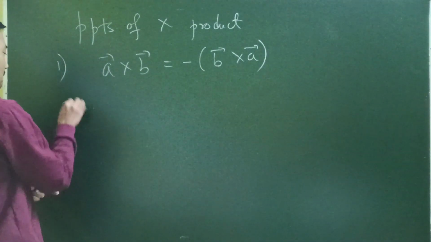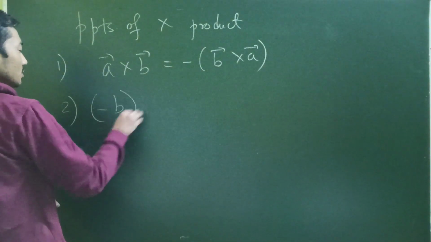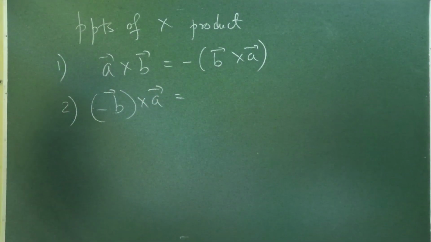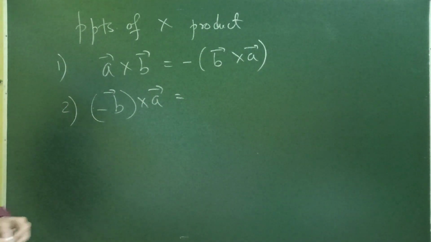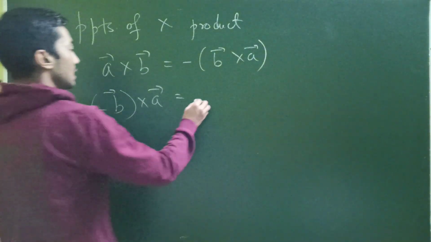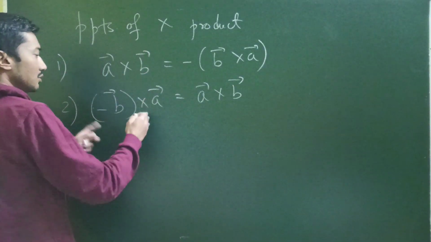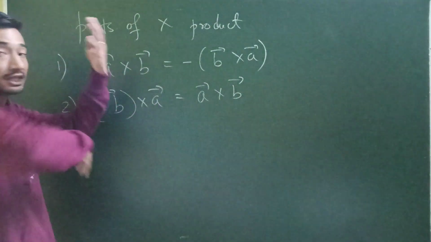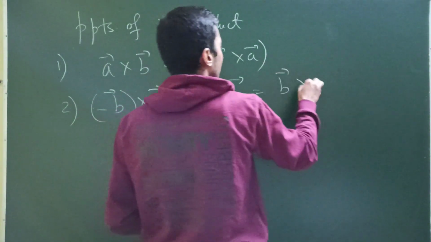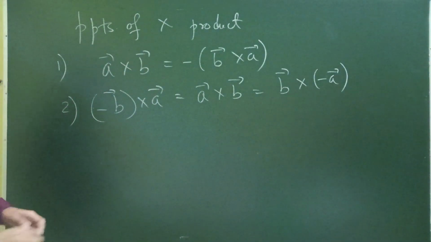Alright. The second property, just note it down, I will not be discussing all these properties in detail, they are especially important for multiple choice questions. So minus B cross A will be equal to A cross B based on the direction, and will also be equal to B cross of minus A. This is all based on the direction.